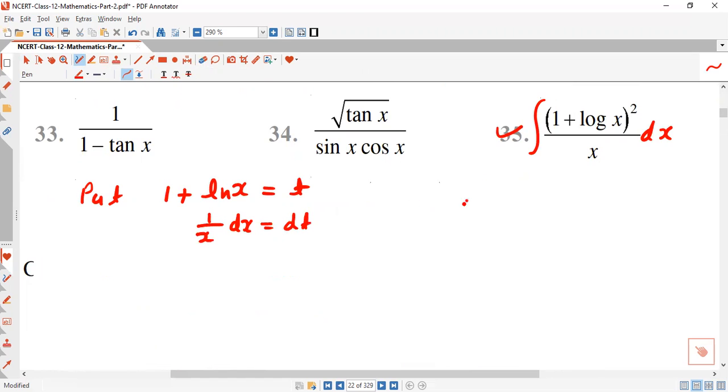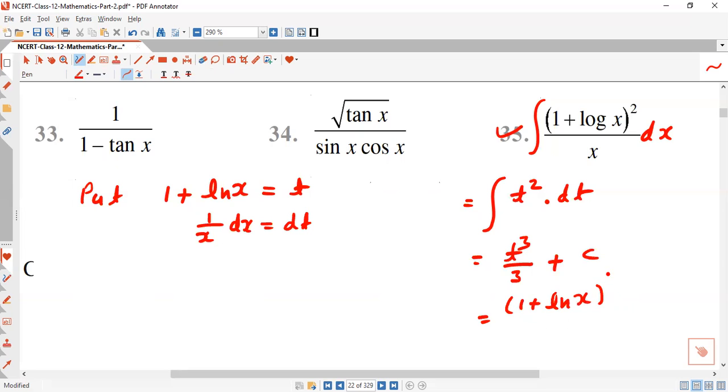So this integration becomes t square dt. It becomes t cube by 3 plus some constant c. And t is 1 plus log x, so 1 plus log x whole power 3 divided by 3 plus some constant c. This is the answer.